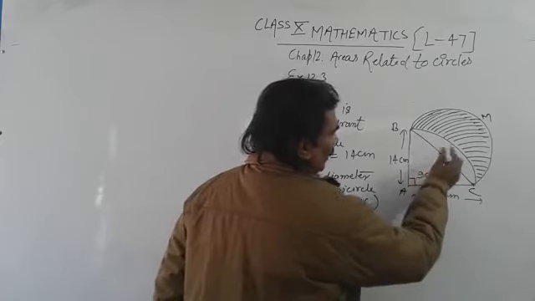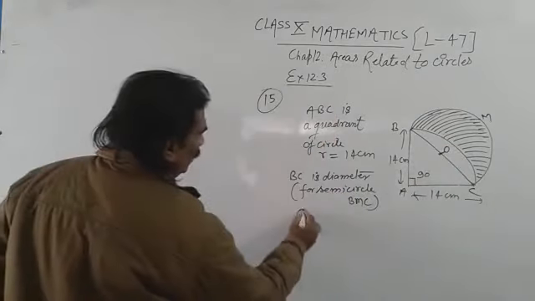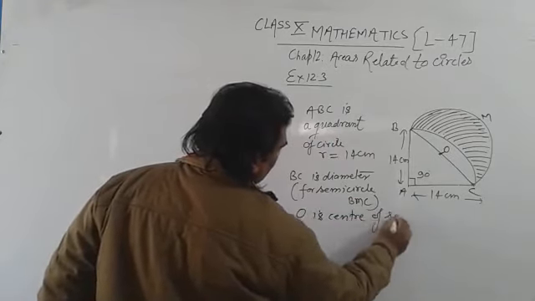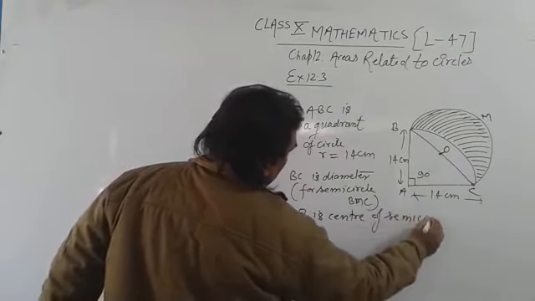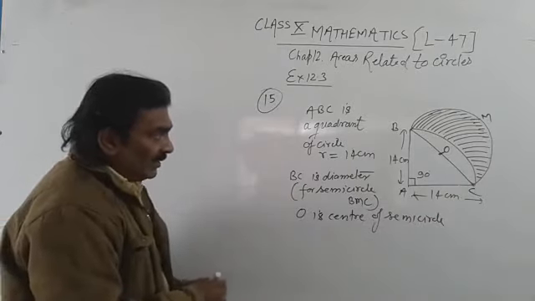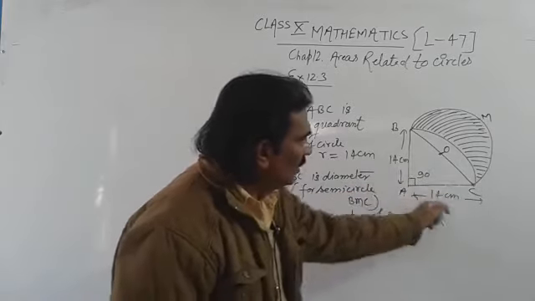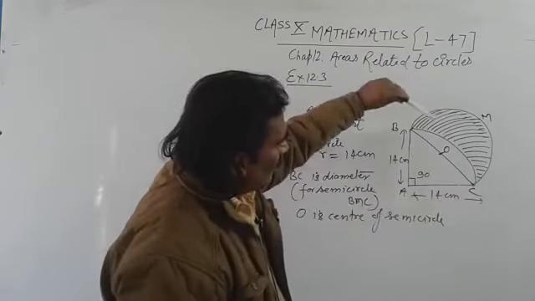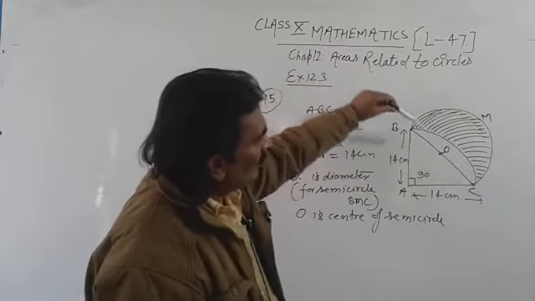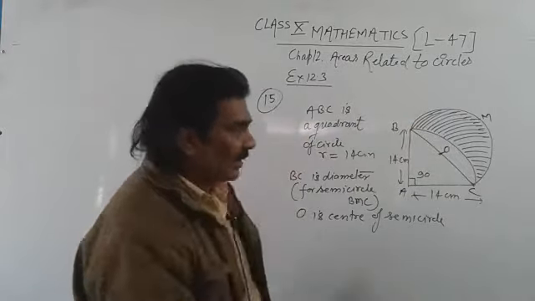If we name this point O, then O is the center of the semicircle. So this diagram should be very clear: we have a quadrant ABC, and BMC is a semicircle whose center is O, and BC is the diameter of the semicircle.